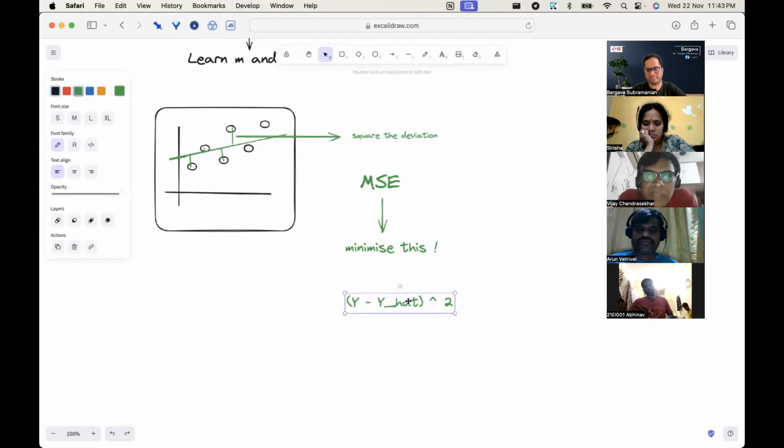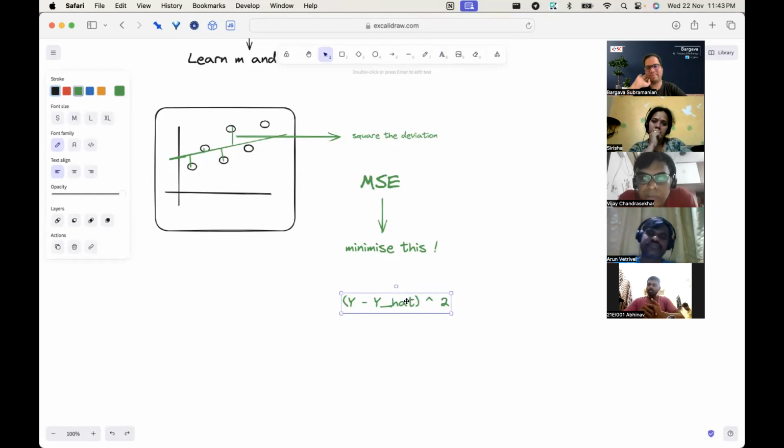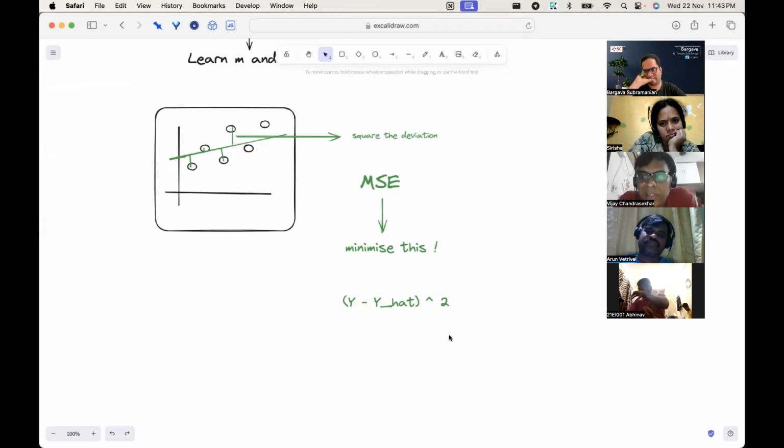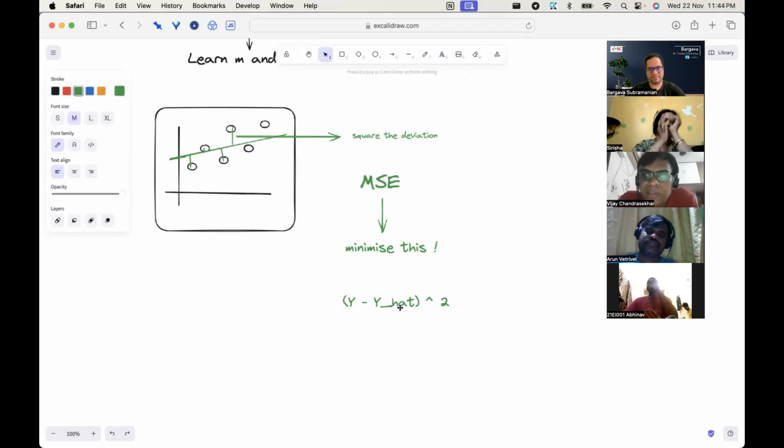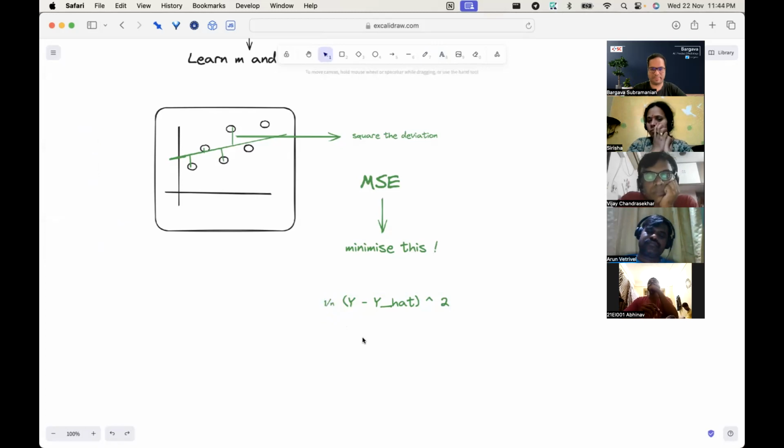And the predicted value would be, again, if we have an equation, y minus that whole square, and I want to minimize this. Of course, divide by n. It doesn't really matter, because if you minimize the numerator, it should be sufficient.